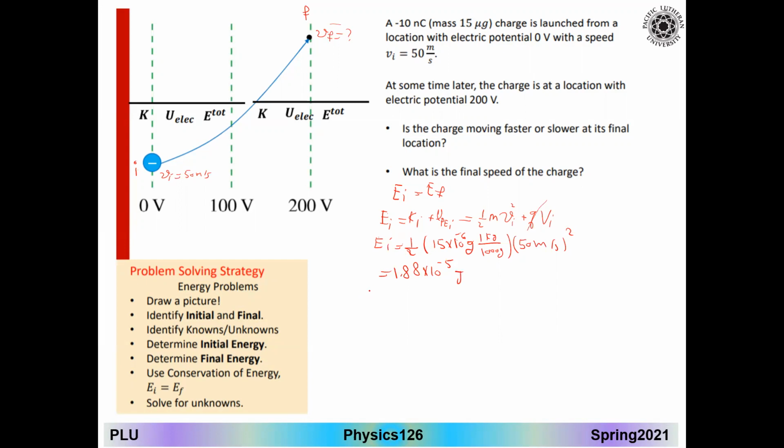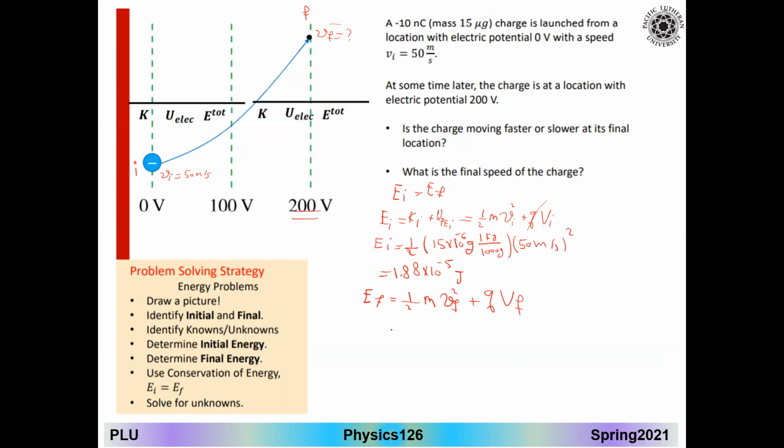Now the final energy, with the same formula, except I don't have the final velocity yet, so I need to find it. Here is M times V final squared plus Q times V final, where V final is 200 in that case.